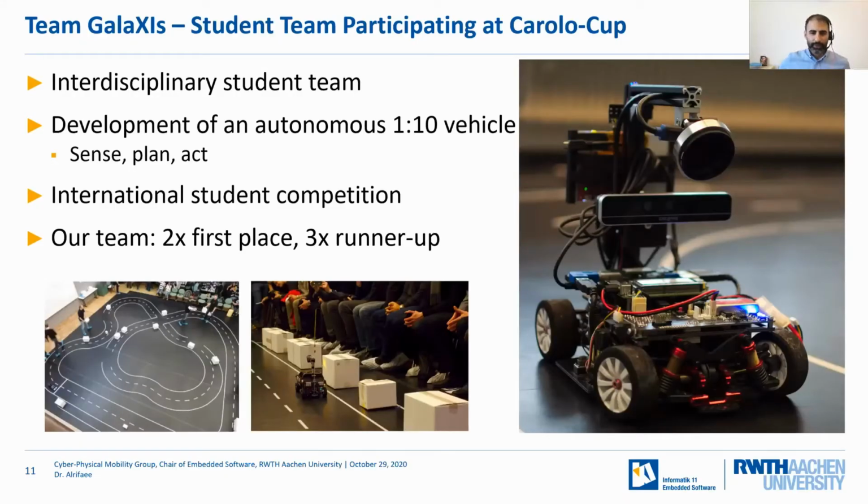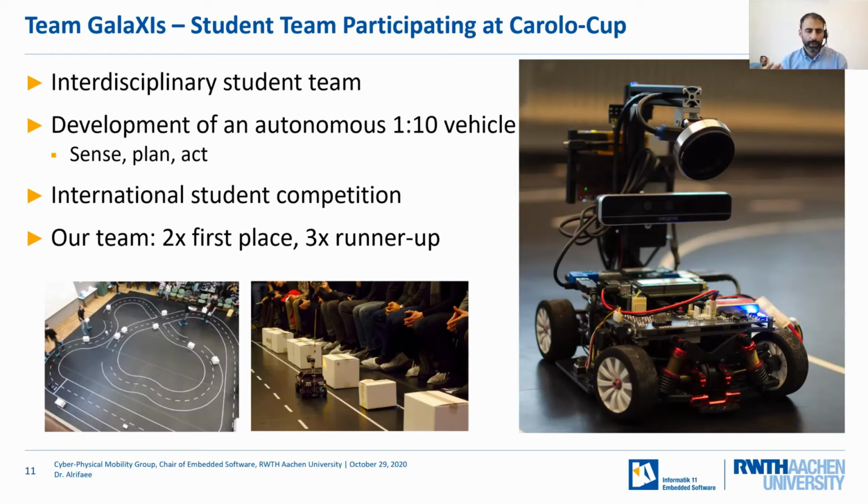So I promised to show a slide about the Galaxis team. So it is an interdisciplinary student team. As our group also, it is interdisciplinary. So currently we have 5 students in the team, and they develop an autonomous vehicle around a scale of 1 to 10.